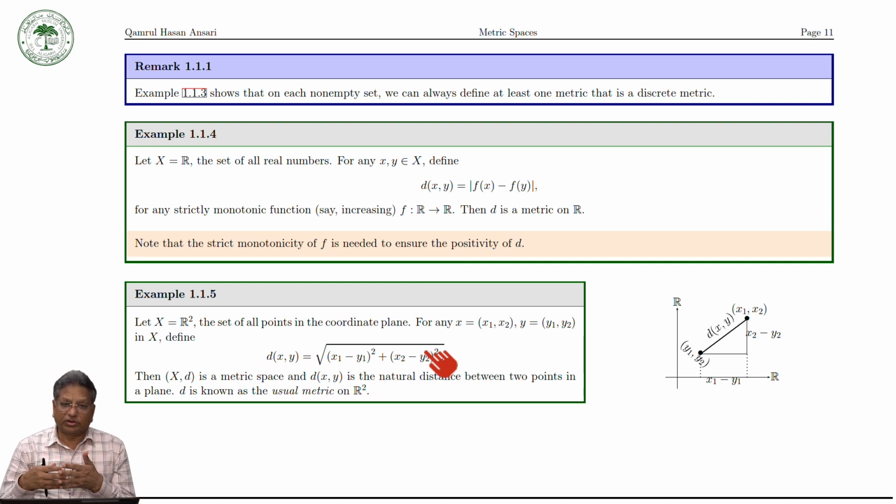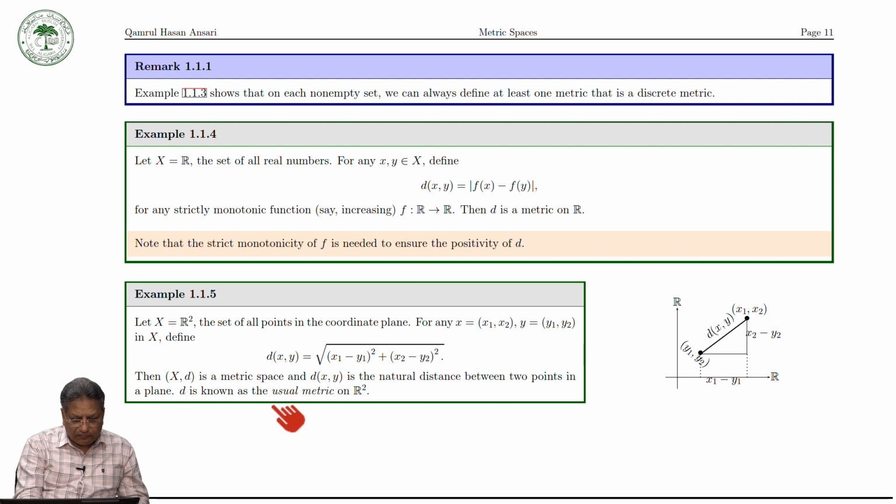because we have generalized the four properties which are satisfied by all the distances. So d is nothing but a metric on R2, and because this is the natural way to find the distance between any two points in a plane, it is called the usual metric on R2.